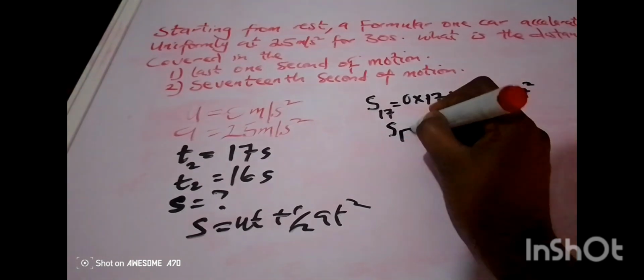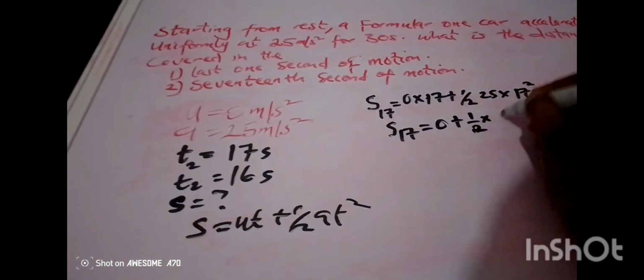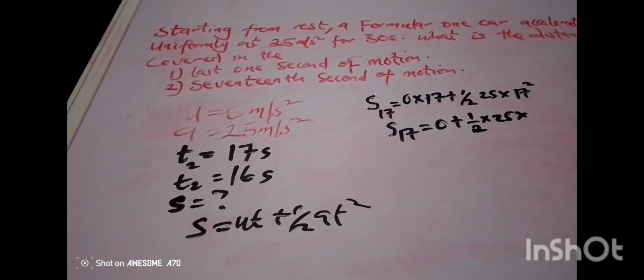So s for 17 seconds is going to be 0 plus 1 over 2 times 25 multiplied by 17 times 17, and 17 squared is going to give me 289.